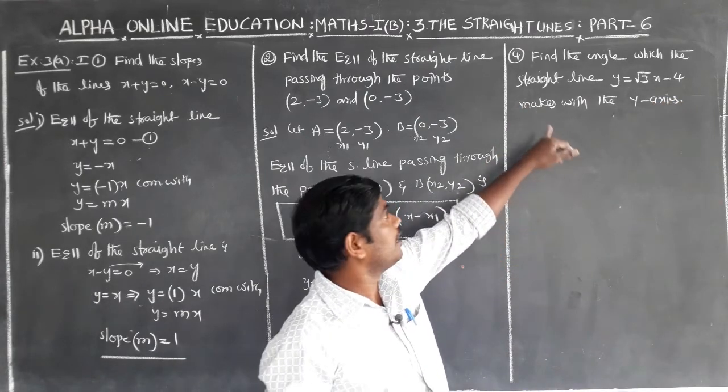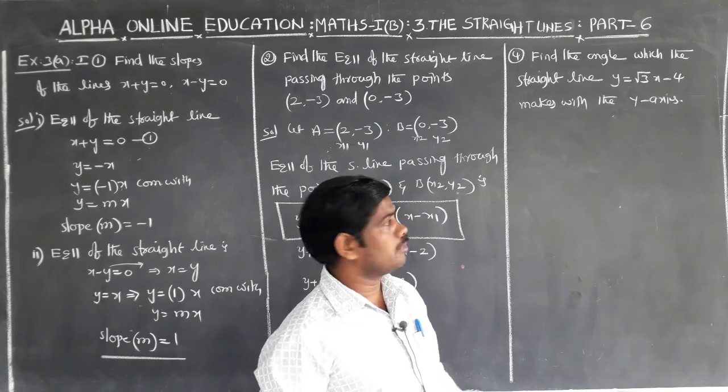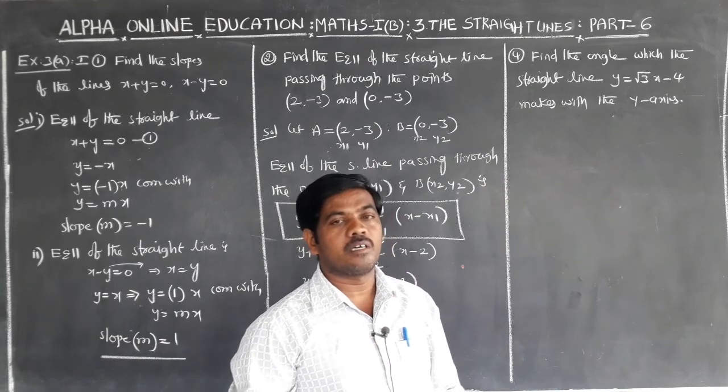Find the angle which the straight line y is equal to root 3x minus 4 makes with the y axis.